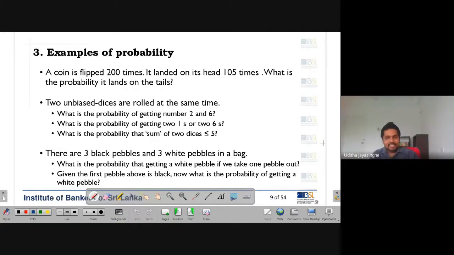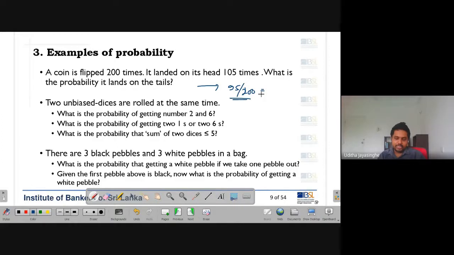Okay. What's the answer? If it lands on its head 105 times, what happens to the other 95 times? That's the number of times that it is going to land on its tail. So this is going to be 95 divided by 200. This is the answer.